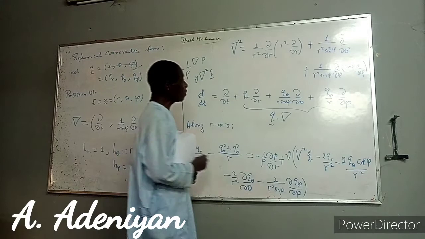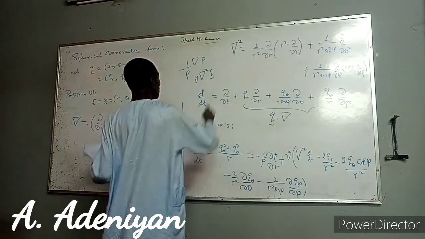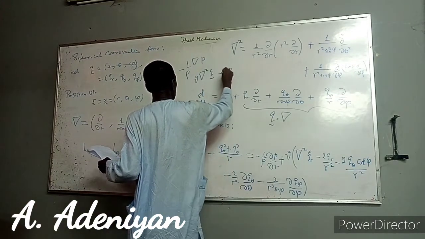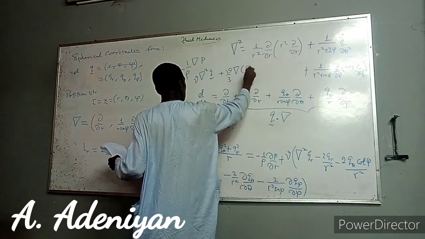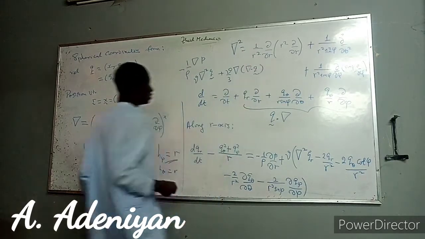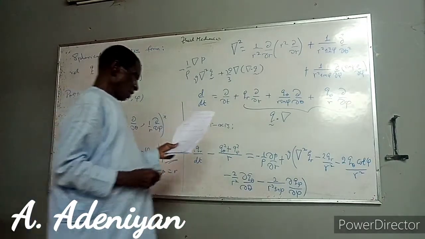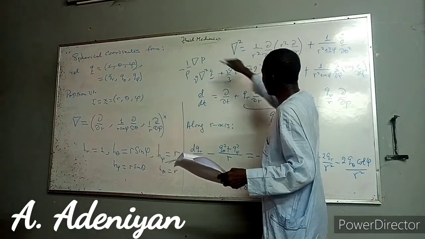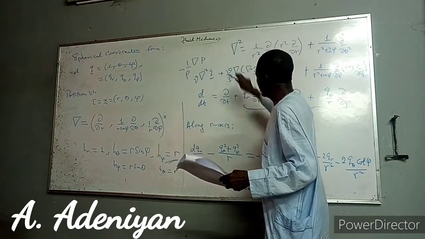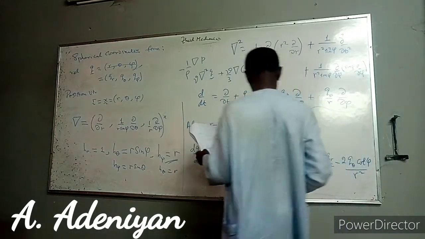Now, we want to write the other part that is left, which is mu over 3, grad of the divergence. That can actually be good because it's very easy for you to do; it would be too long. You have done it, so I will just put the components of that.